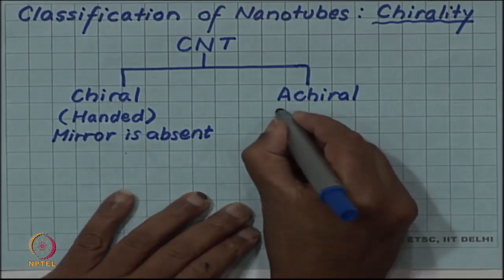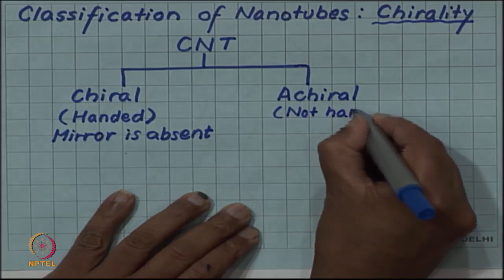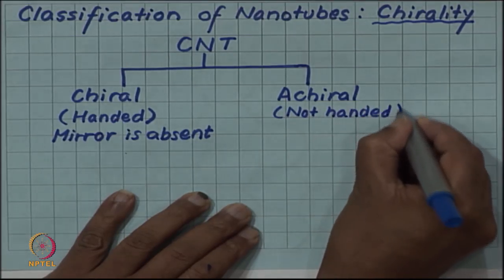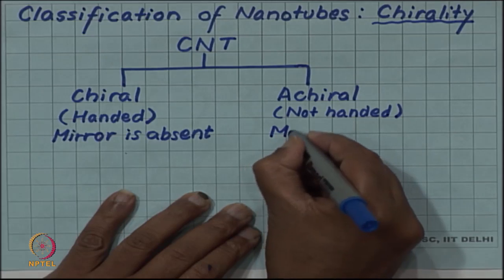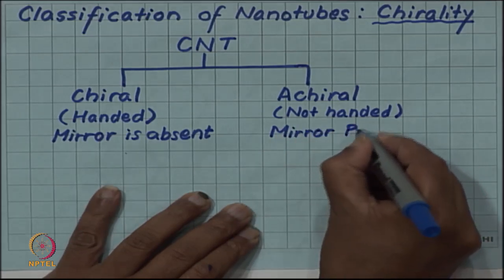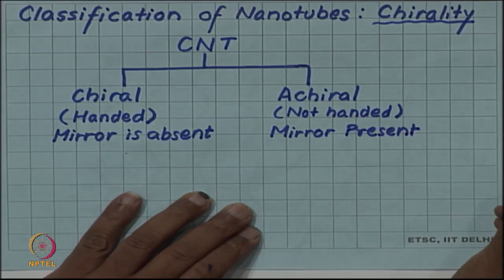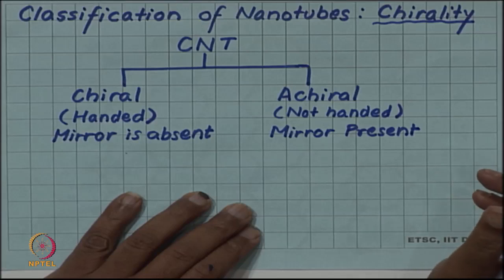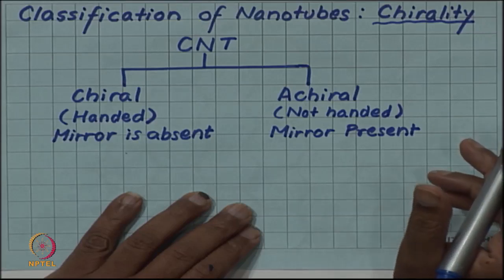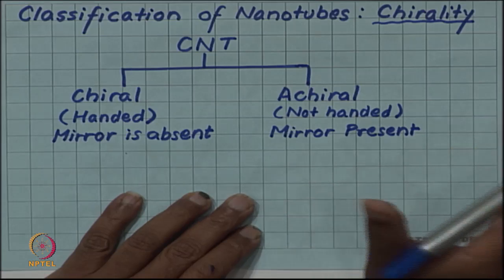Whereas achiral is not handed, and in this case a mirror will be present. Think of a sphere. You do not think of a left handed sphere or a right handed sphere, and this is related to the fact that a sphere has several mirrors.